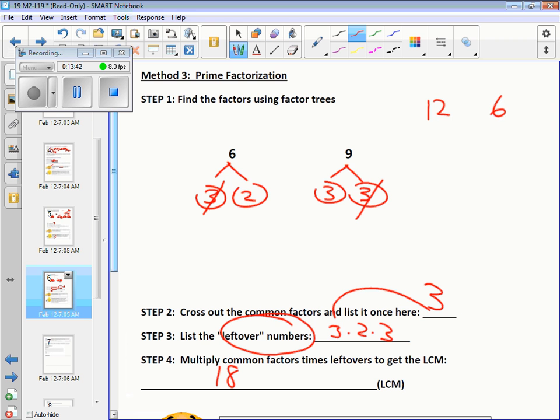Let's find the LCM of 12 and 60. Break down 12, break down 60 into its prime factors like we've been doing.